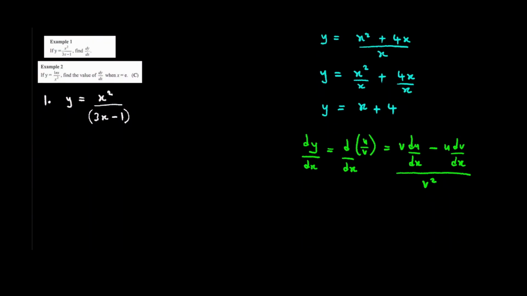So that is basically what we are going to be doing. Saka chekutanga chatinoita tinoti let u be equal to x squared. Saka u should be the numerator all the time, v should be the denominator. But tinototi let u be equal to x squared, at the same time tinofangwa kubva tati what is du dx. Saka we just want to differentiate x squared, of course inotipa 2x, like that.